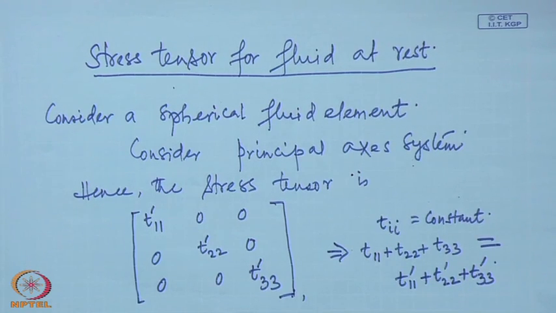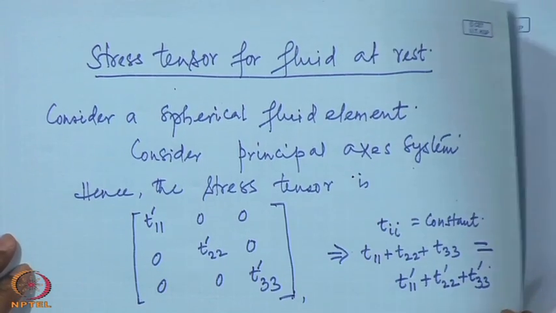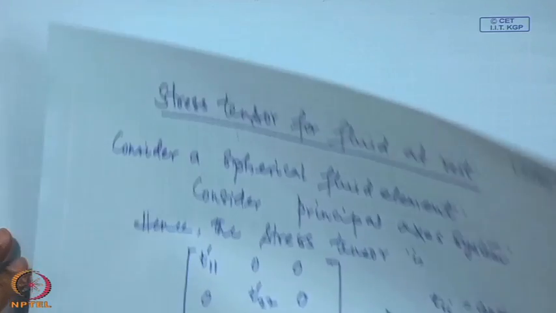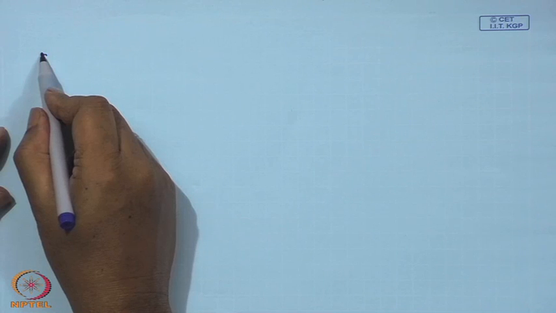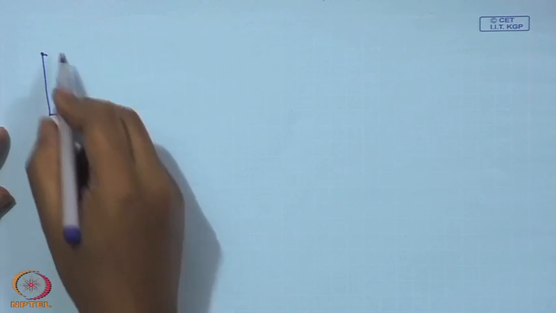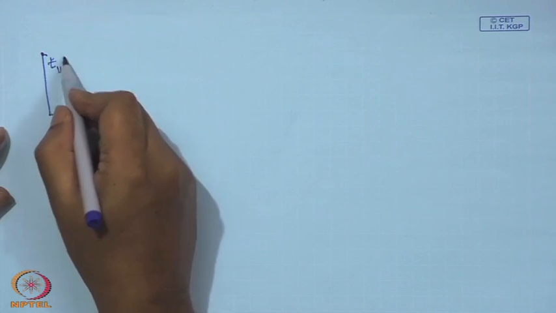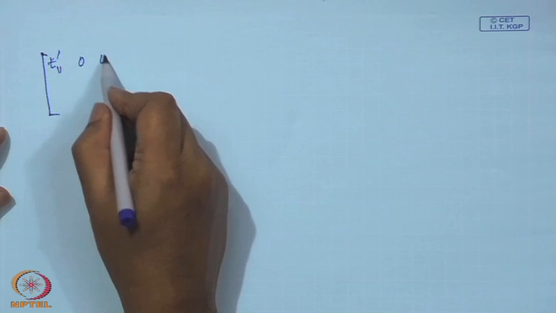Now, we would like to write this stress as the sum of two stress tensors. Let us write it explicitly instead of using any notation.